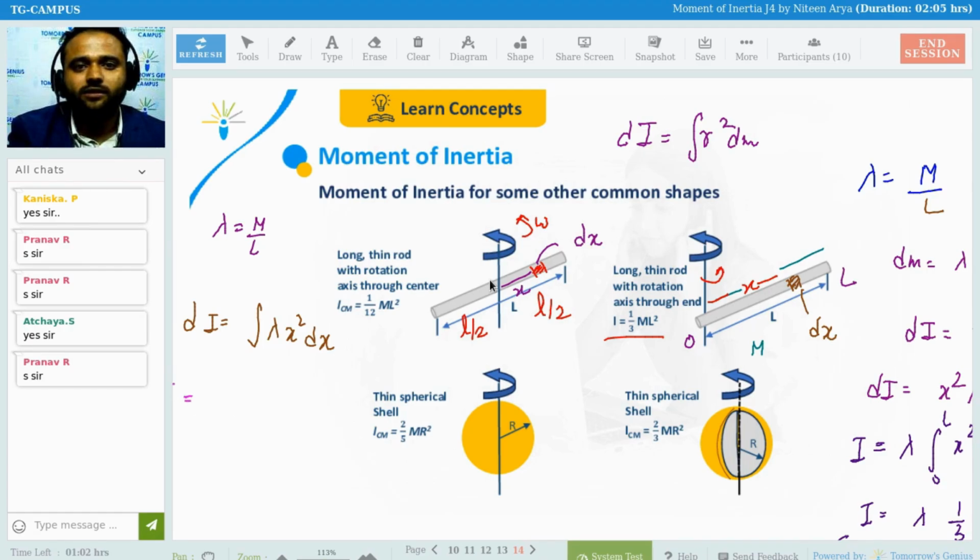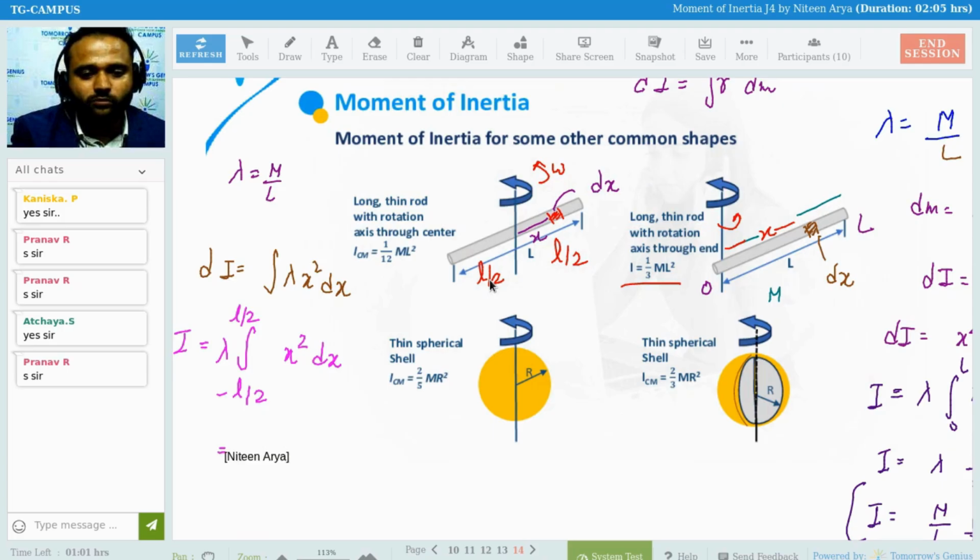But to find this total integration of the moment of inertia when the axis passes through the center of the rod, or when a long thin rod is rotating about the center, the integration limit is going to look like this: minus L by 2 to L by 2, and this constant we can take out, x square dx.